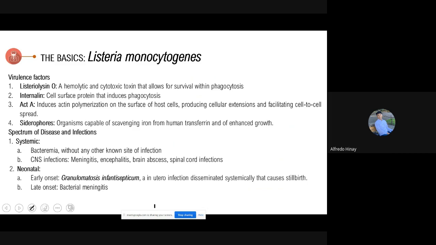Okay? We also have your integrin. Your integrin will serve as a protein that will induce the phagocytosis. Diba, ang galing. Why, class? Because Listeria monocytogenes expresses internalin on its outside. Okay? The internalin is like a call to the immune cells.